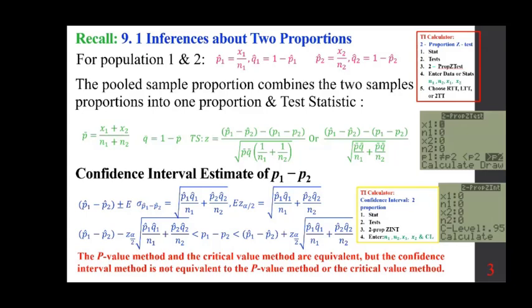And then the confidence interval is P1 hat minus P2 hat plus or minus E, where E is Z alpha over 2 times the square root of P1 hat Q1 hat over n1 plus P2 hat Q2 hat over n2.